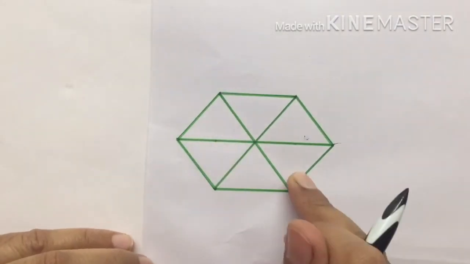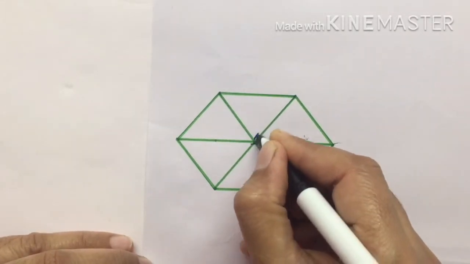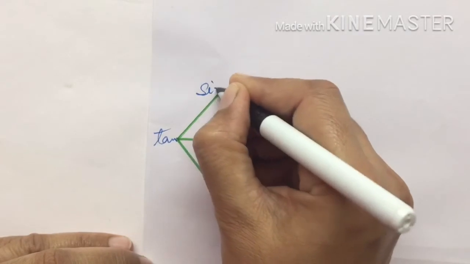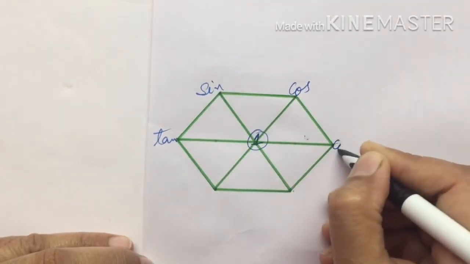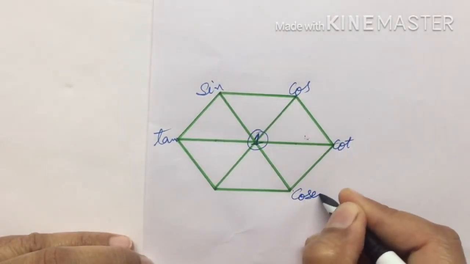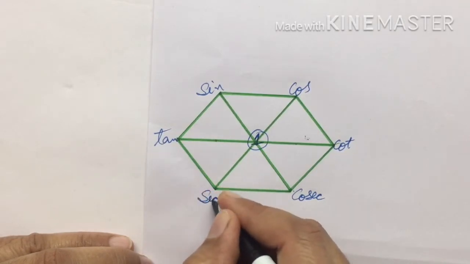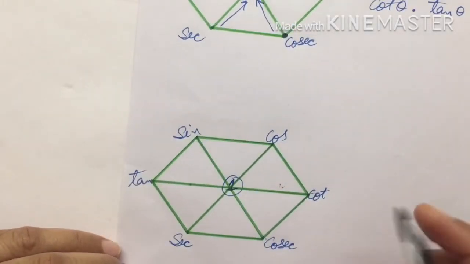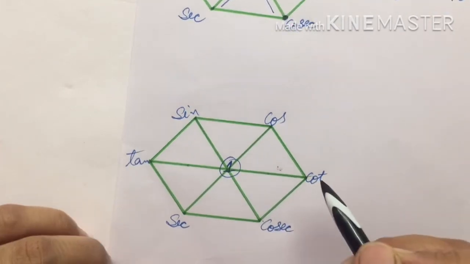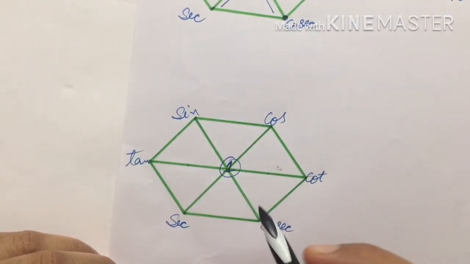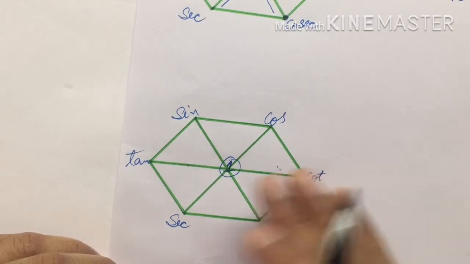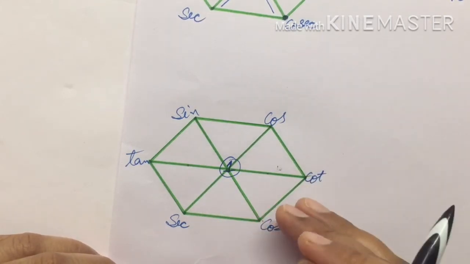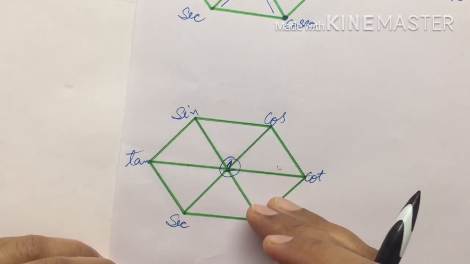Now we will take the hexagon again. We will write 1 in the center and the trigonometric functions tan, sine, cos, cot, cosecant and secant. So the next trick is, we will take any three continuous functions in the hexagon, then we will multiply the first and third function, and that will give the center one.